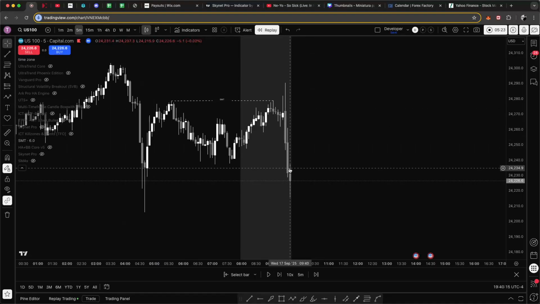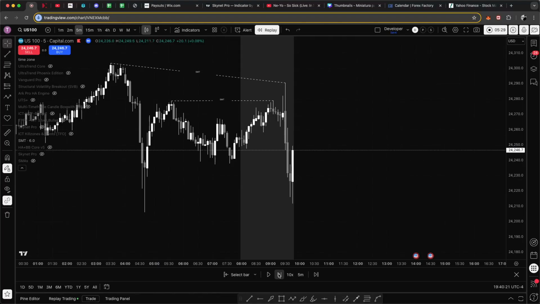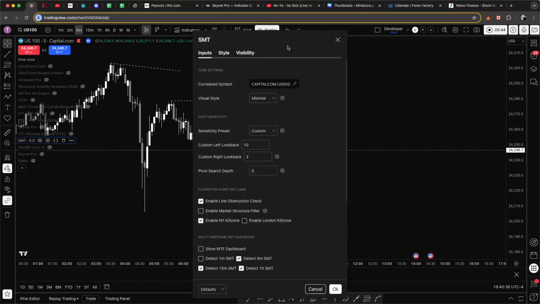We have 3 candles already and I still have 0 SMT printed. Let's see. Boom, 4. So technically it took 4 candles for the indicator to print the divergence. Why is there this delay? Well, because that's the purpose. That's what it's made for.